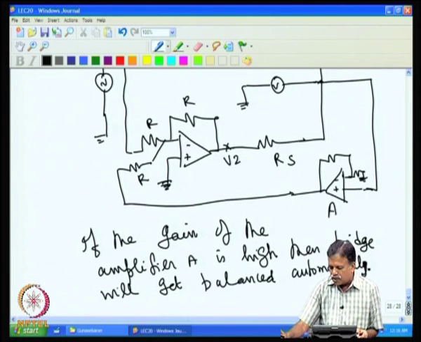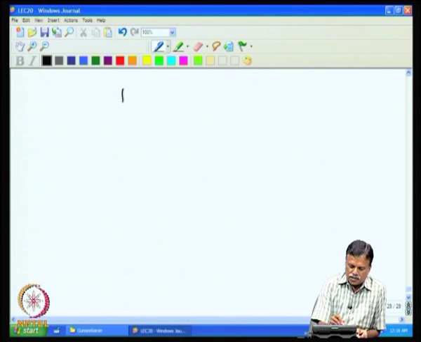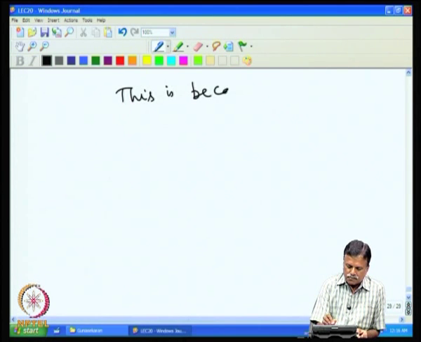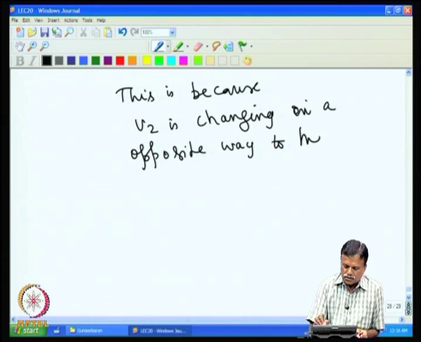This is achieved by varying V1 and V2, because V2 is changing in the opposite way to the error voltage.